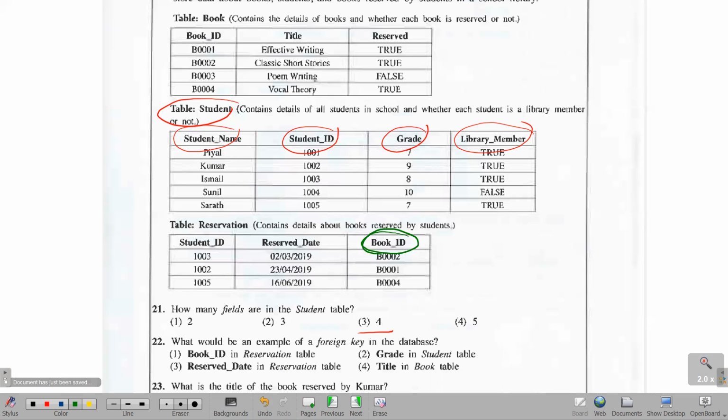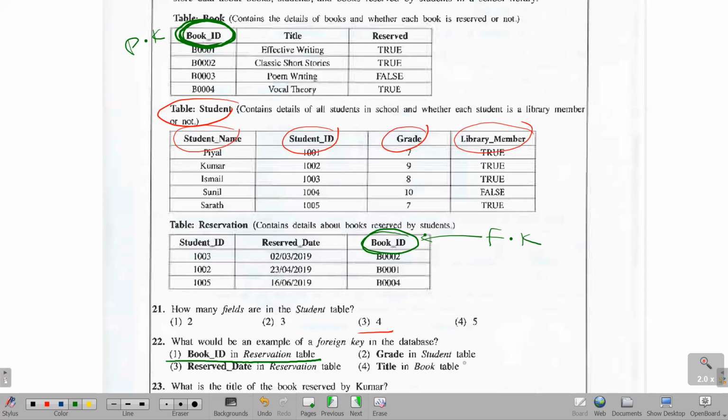Book ID is the primary key of the book table. So this is a primary key, and then this can act as a foreign key. So the first one can be taken as the answer.